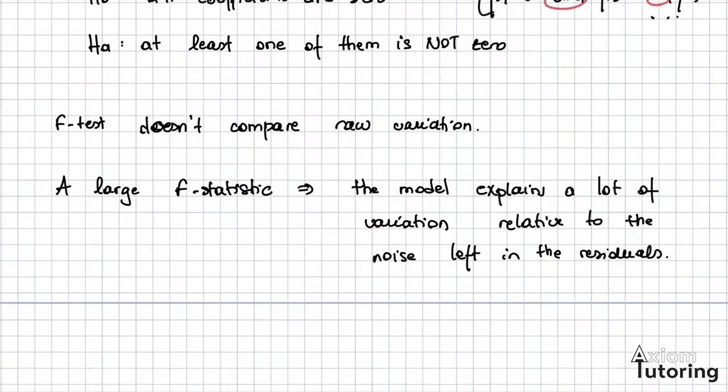In that case, it means that you shouldn't really expect to see the coefficients being insignificant or zero, okay? A small F statistic conversely would mean that the model very likely will not outperform the mean by much.